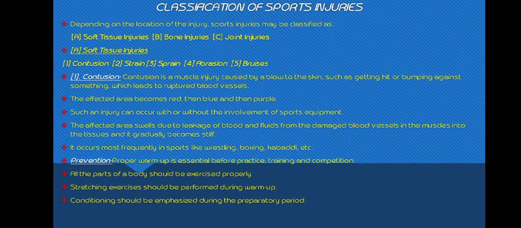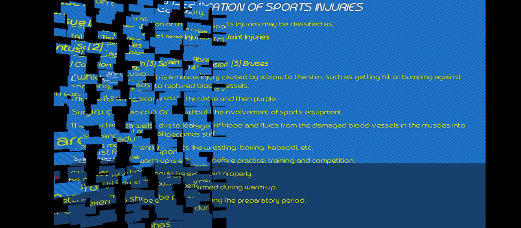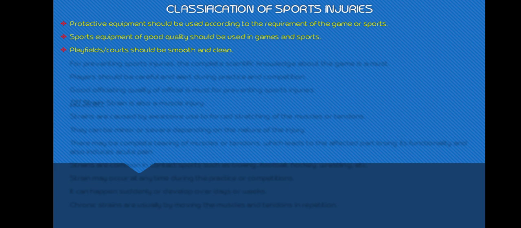Conditioning should be emphasized during the preparatory period. The next one is protective equipment should be used according to the game or sport. Sports equipment of good quality should be used in sports and games. Play fields or courts should be smooth and clean.